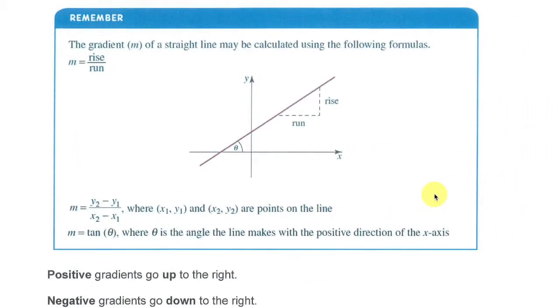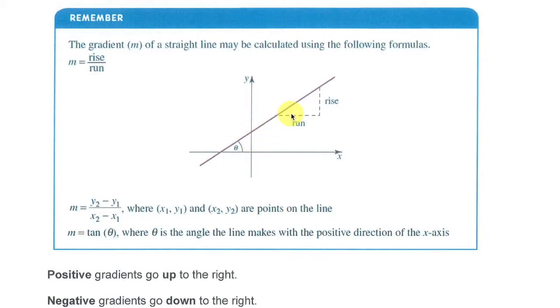Alright, so let's take a look at the second bit of theory now. If we look at this diagram, we've got an angle theta in here. This angle theta is exactly the same as the angle in here. Now we know that the gradient m is equal to rise on run. So we have our rise over our run. This is the angle theta in here as well.